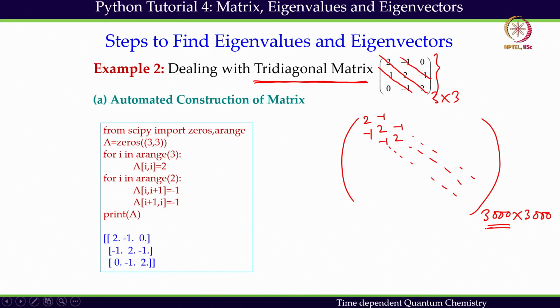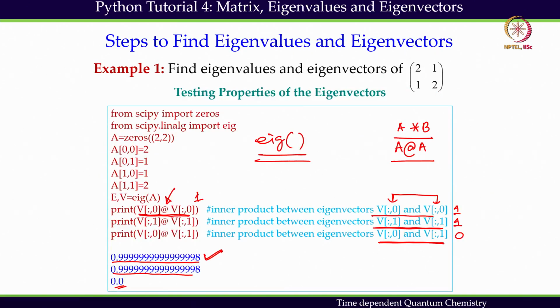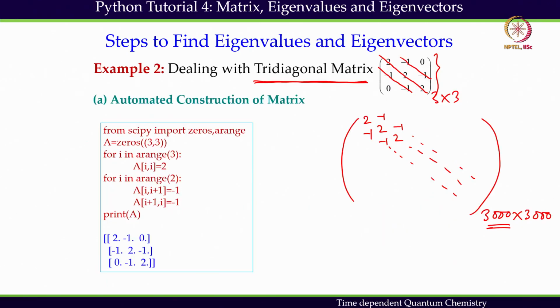So, previously, once we created the null matrix, we manually entered the values of each element. We reassigned the values of each element manually. We can automate the process of matrix construction by using a for loop, and that is exactly what we are going to learn.